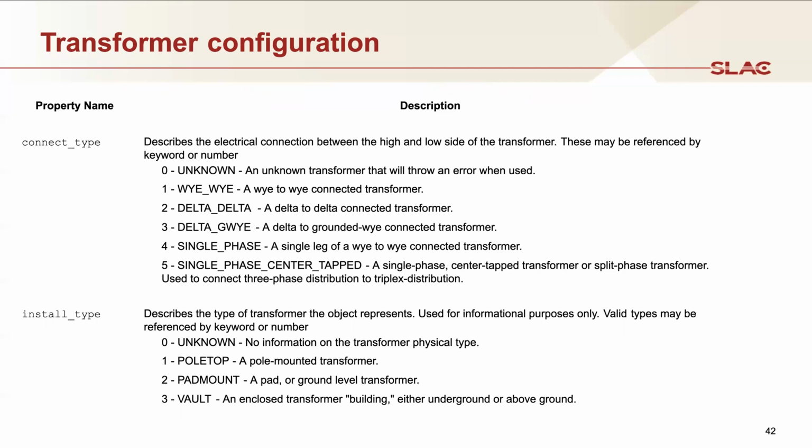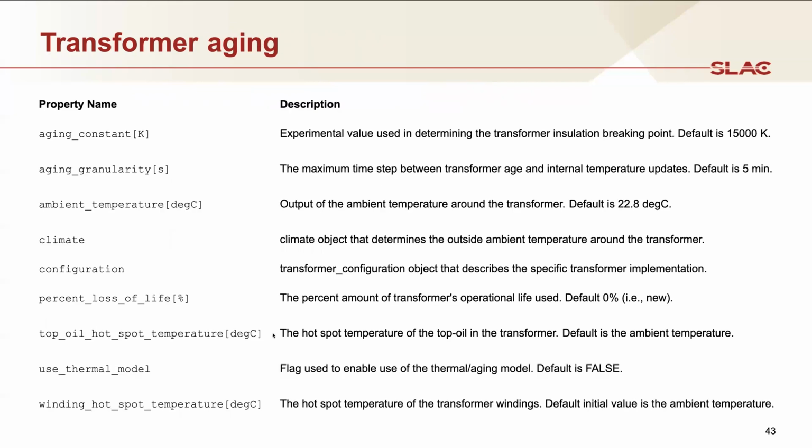And you can get all of those properties from the module description for transformer objects. I'm not going to go into much detail on all the other properties. There are some very interesting properties that are useful for transformer aging studies, so I'll just briefly mention those here. They do require that you connect the transformer object to a climate object, so that you'll have to specify the weather conditions it's exposed to.